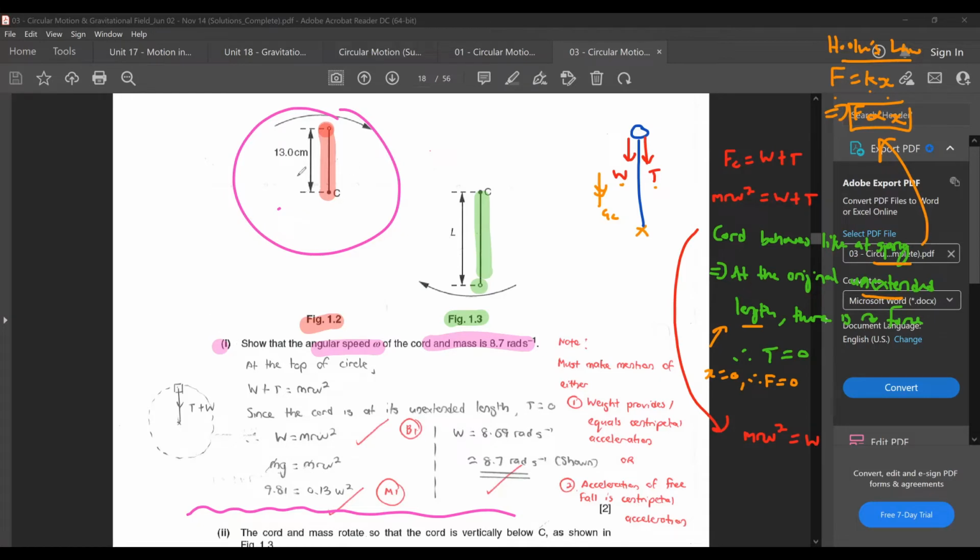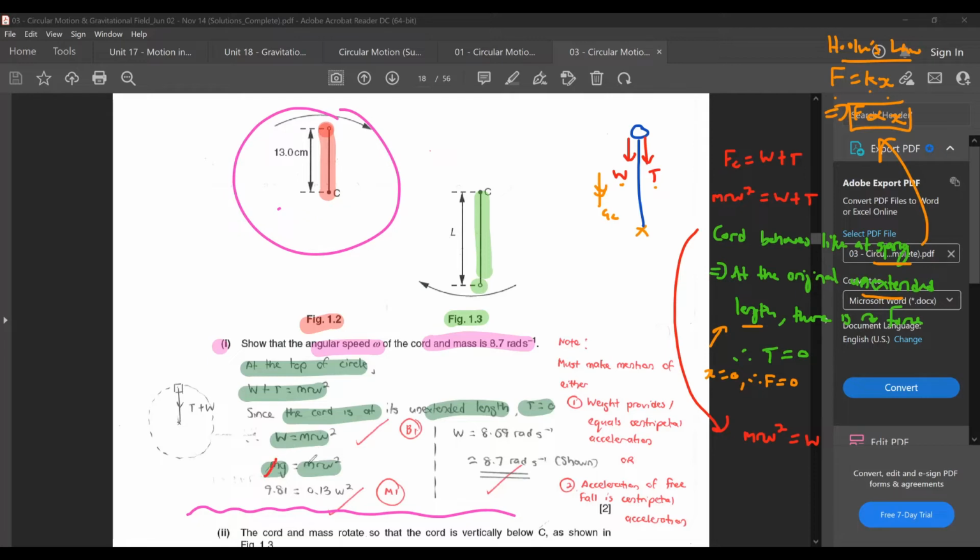Your full working is written over here. At the top of the circle, W plus T equals m r omega squared. Since your chord is at the unextended length, T is 0, and then your equation becomes W equals m r omega squared.